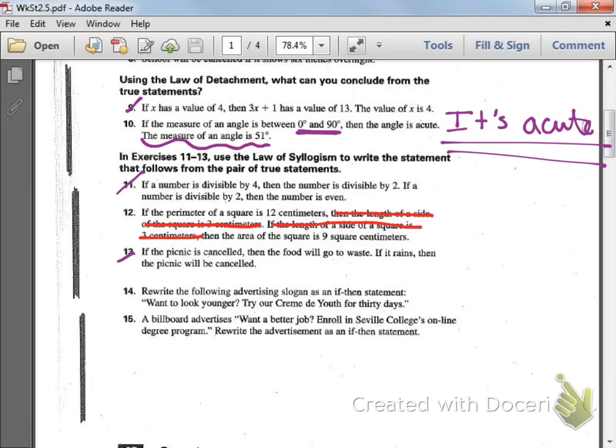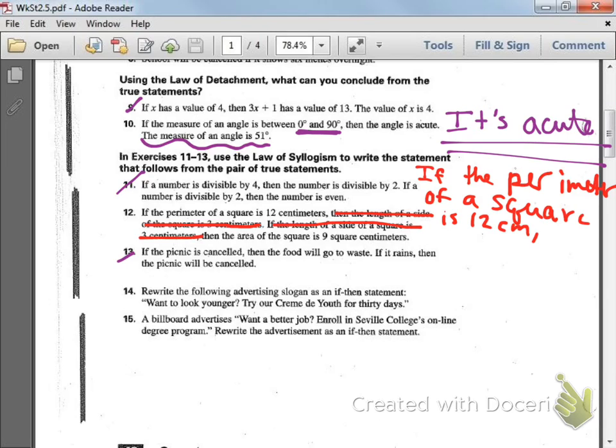So we need to start with, if the perimeter of a square is 12 centimeters, then what? We can automatically know what? What's the final conclusion here?